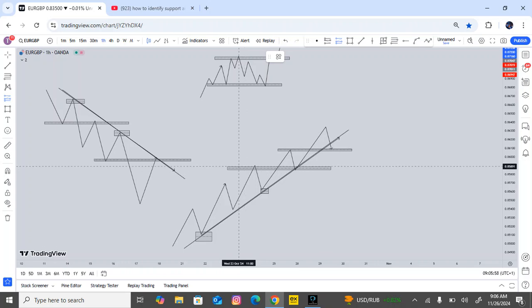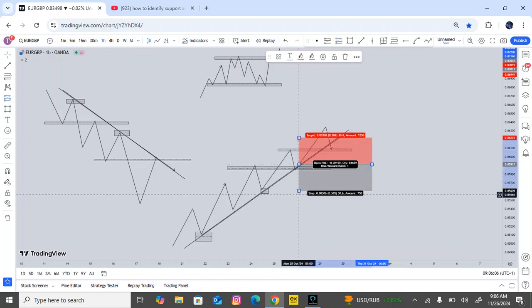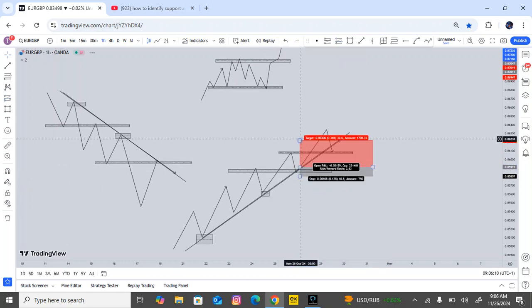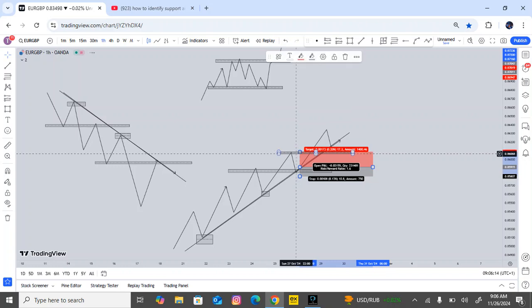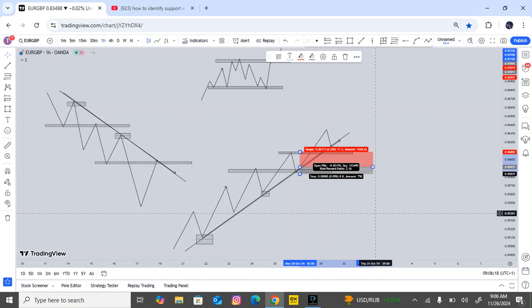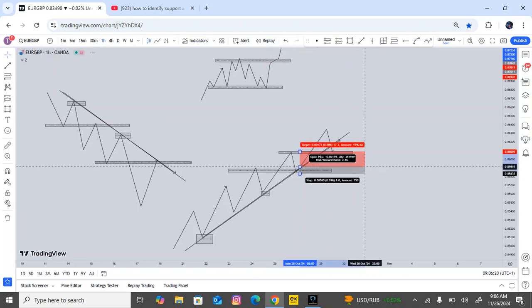As you can see, here was resistance, now acting as support. So you can buy from here, probably targeting the next high, with the stop loss below that zone.